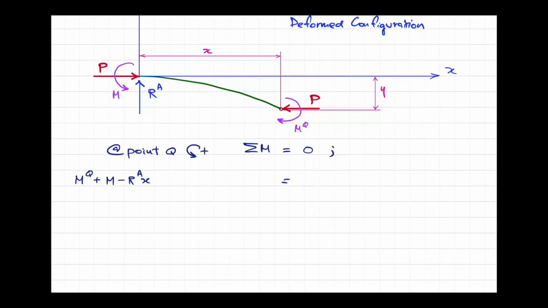And the last one is what? Minus P, right? You take moment here, and this force P is going to cause this moment, which is opposite to this direction. So it is minus P, right?